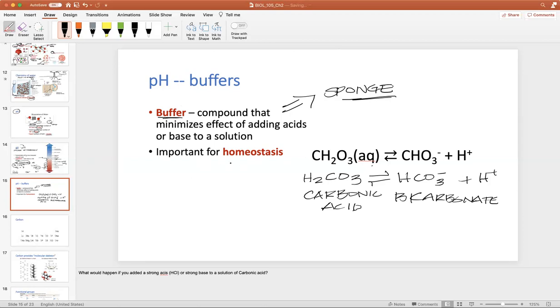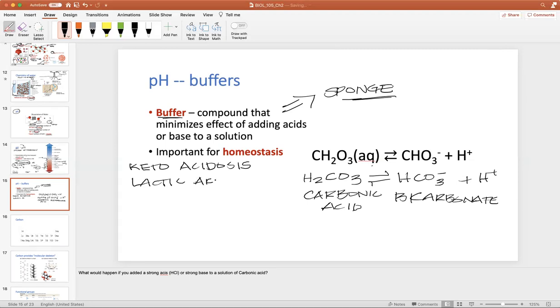And sometimes I like to throw in things that are actually examples from like medicine or biology, just so that you understand why we study some of these things. So if you are interested in nursing, you might be interested in things like ketoacidosis. You guys may have heard of that. You also might have heard of something called lactic acidosis, right?